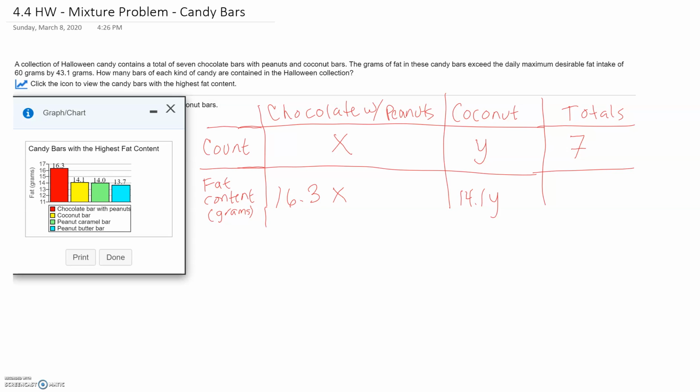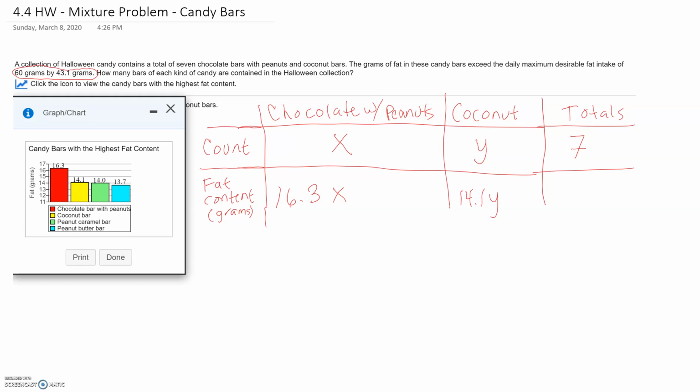And altogether, the total fat content from all of those candy bars that we collected at Halloween is going to be, now this is the part that we have to be a little bit careful of because it was a little wordy up here. 60 grams is the desired fat intake, and we're exceeding that by 43.1.